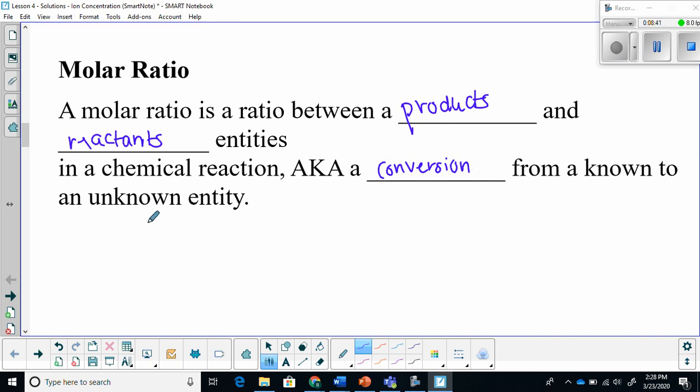Here's what I'm talking about. Let's say we know something, a known entity, and we want to find an unknown entity in a chemical reaction.